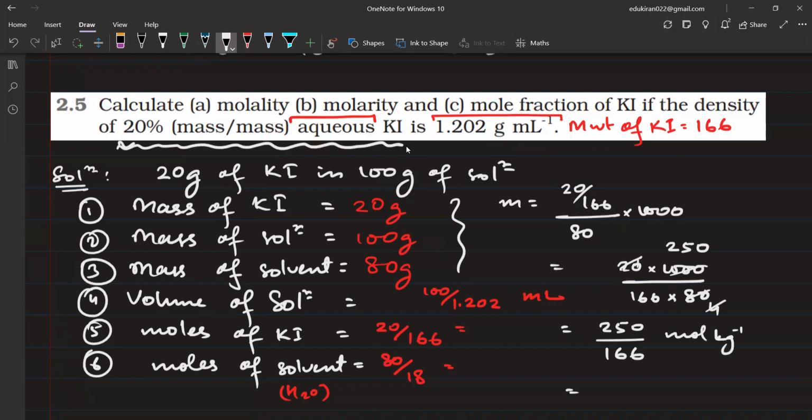Calculate this term. Molality मिल जाएगा. Then for molarity, you have the volume and then the number of moles of KI.